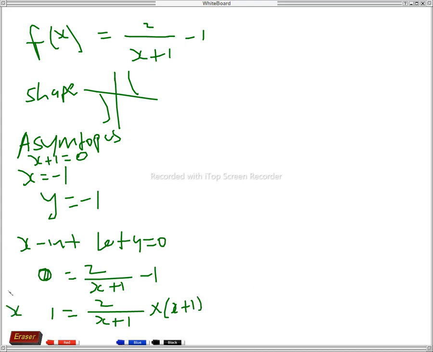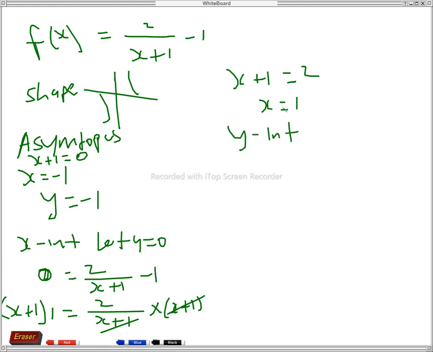I simplify, it will cancel, and on the left hand side I'm going to have x plus 1 equal to 2, and therefore I transpose 1 to the other side. I'm going to have 1 here. My answer is 1.